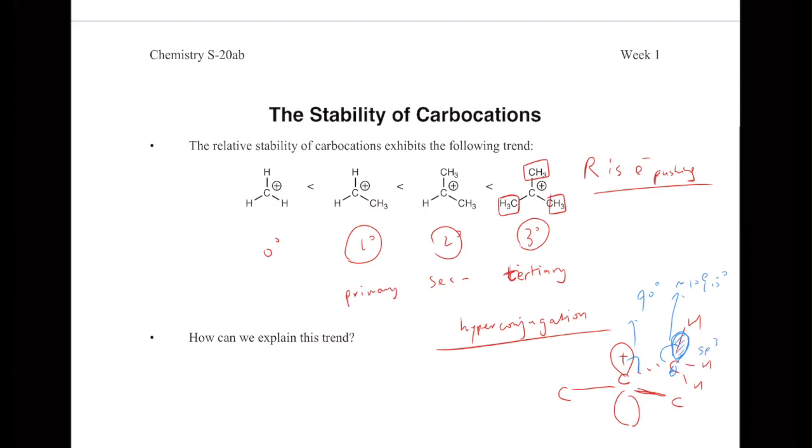So now we think there is a limited overlap between this lobe and this lobe, because actually they are not so far away from each other, right? The overlap is very limited because, first, the two orbitals are not fully parallel to each other. One is 90, another one is 109.5.